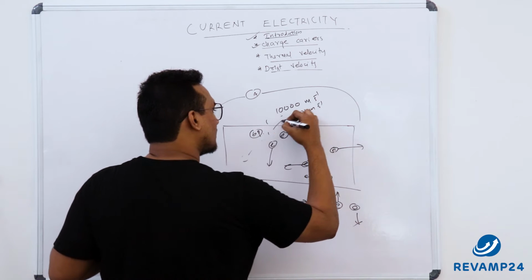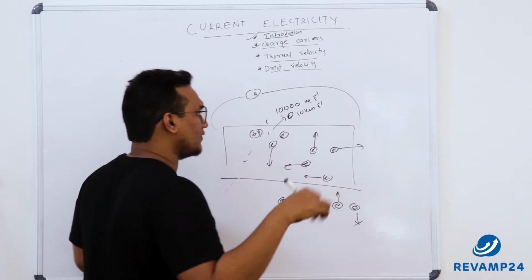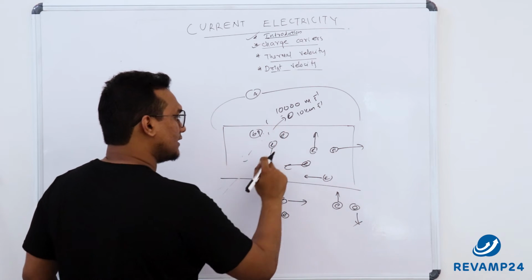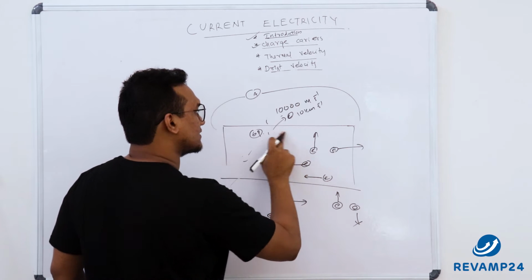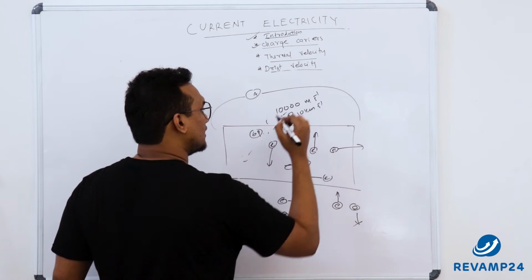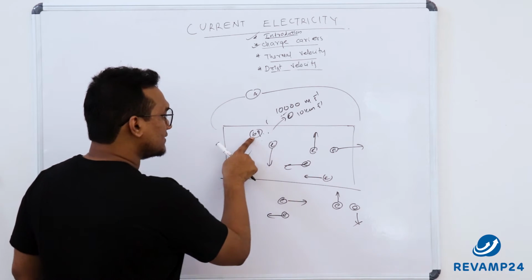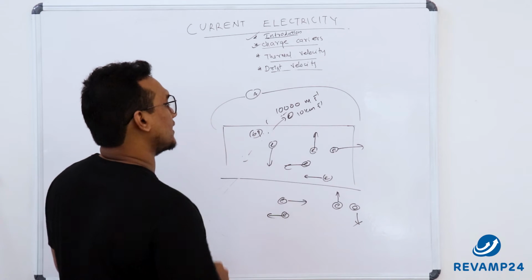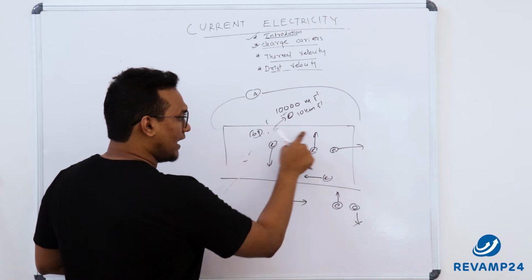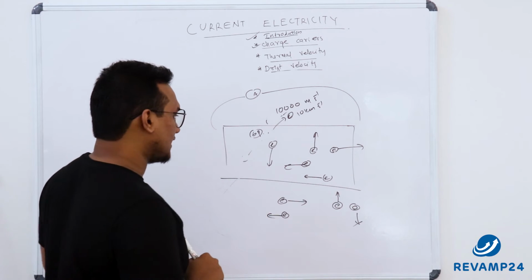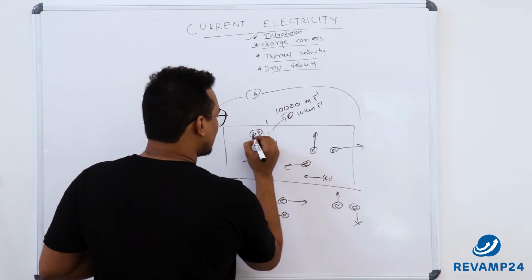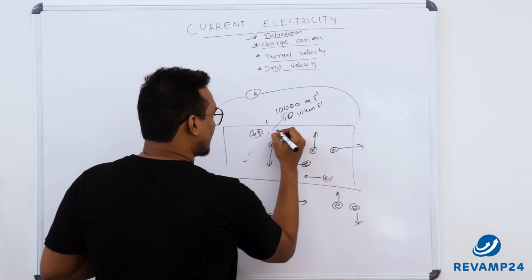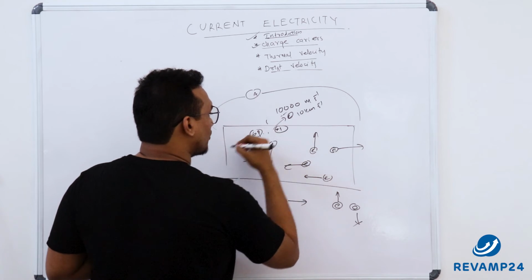Let's say an electron goes out. The total number of electrons inside will be 5, so one electron is outside. We have 6 positive charges here. So what will be the net charge on the conductor? 6 positive and 5 negative charges, so the net charge will be 1 positive.